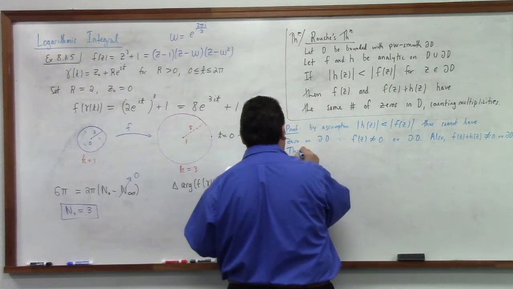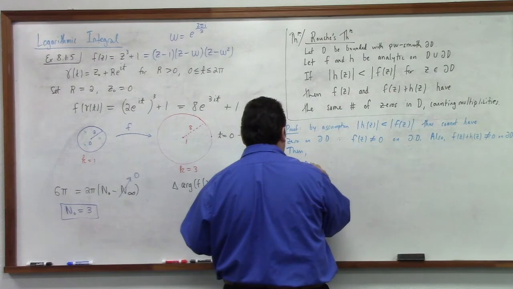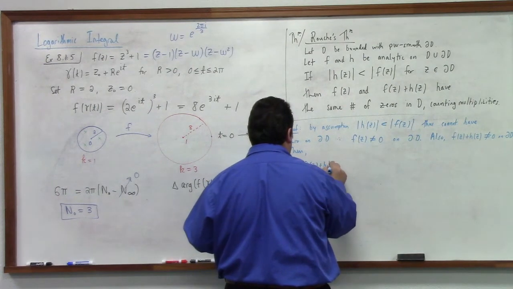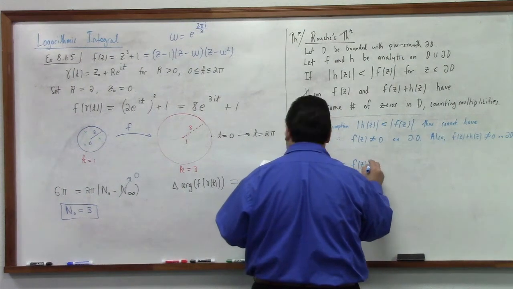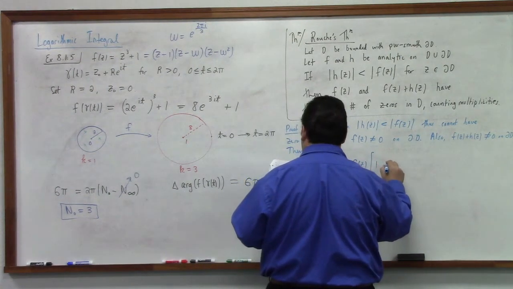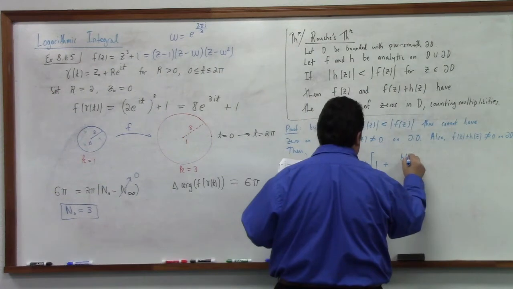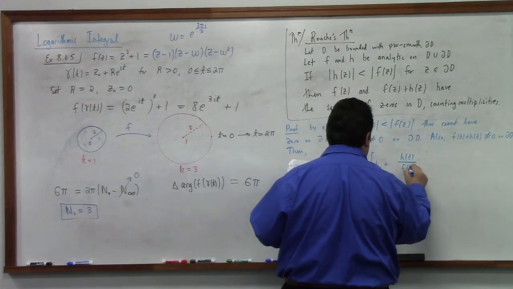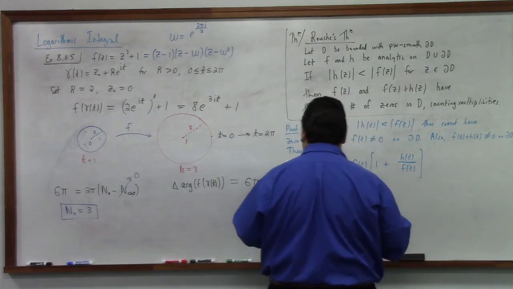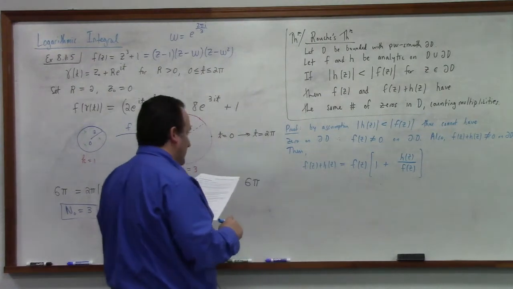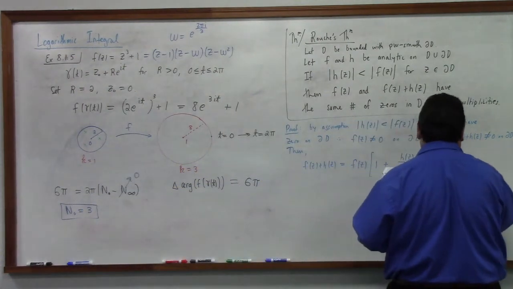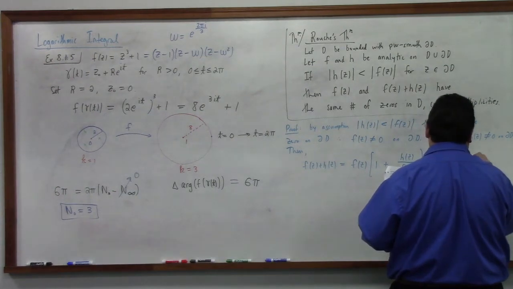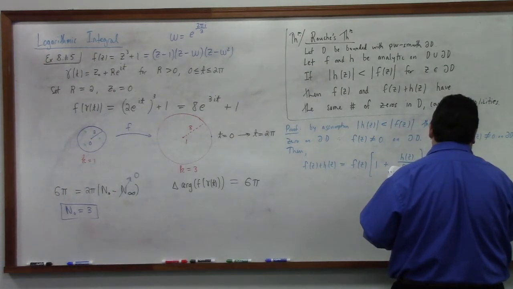Then f of z plus h of z is equal to f of z times, big parentheses, 1 plus h of z over f of z. Right, that's just algebra. Note the modulus of h of z over f of z is what?